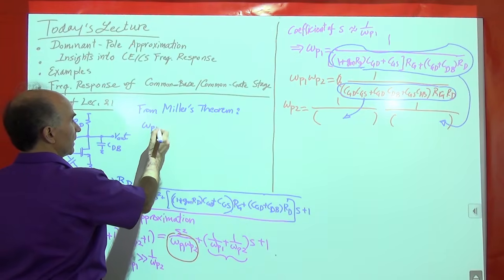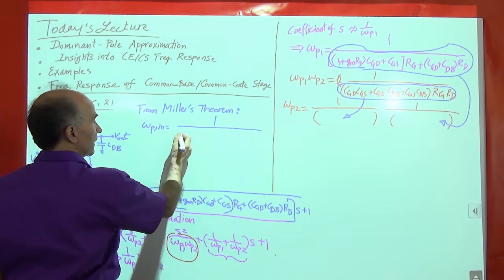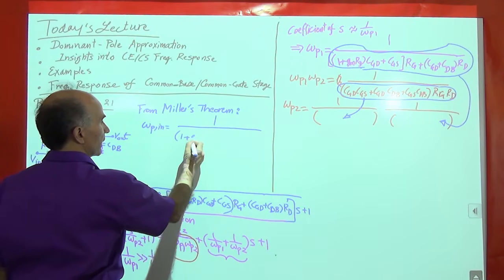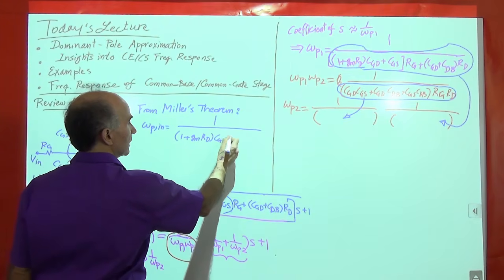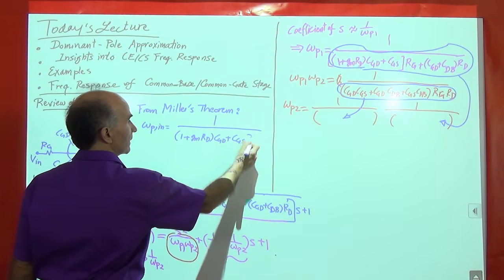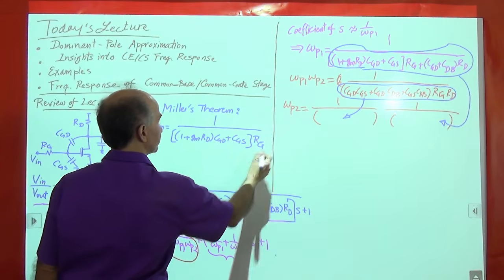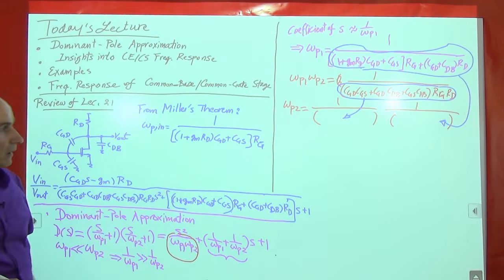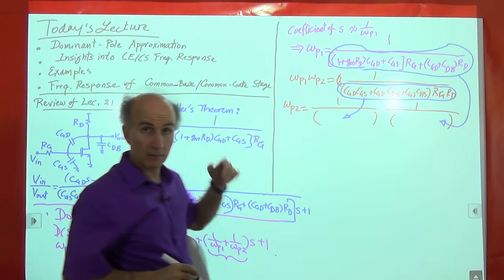So omega Pn is equal to 1 plus GMRD times CGD plus CGS times RG. So this is of course an approximation because we have used Miller's approximation.